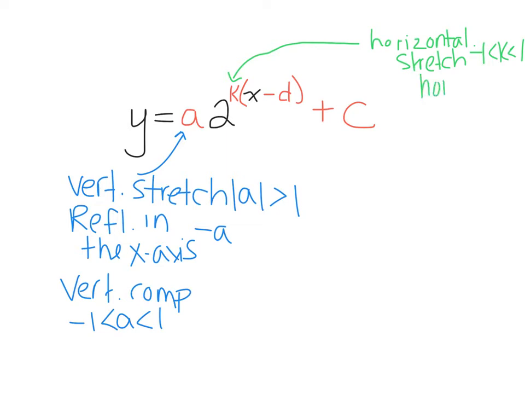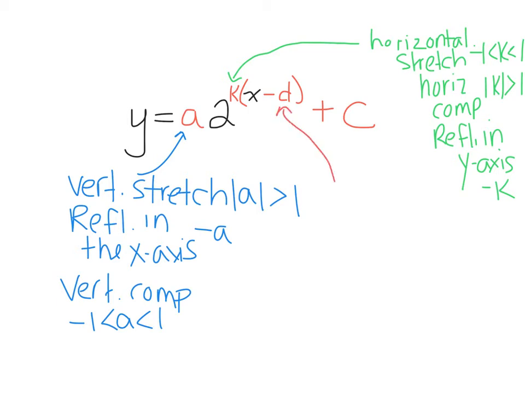And then it's going to be a horizontal compression if the absolute value of k is greater than 1. So if k is like 2, 3, 4, 5, 6, or negative 2, 3, 4, 5, 6, it's a compression. And we're also going to have a reflection in the y-axis if it's a negative k. So these are like the exact same things as last time.